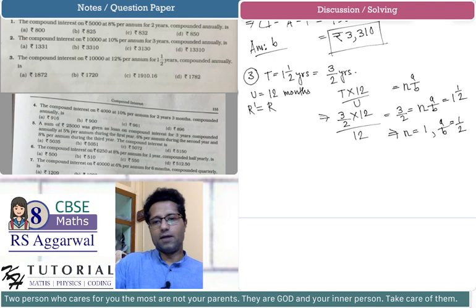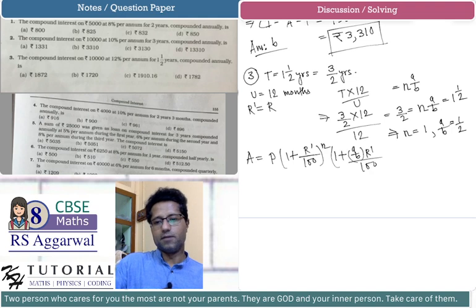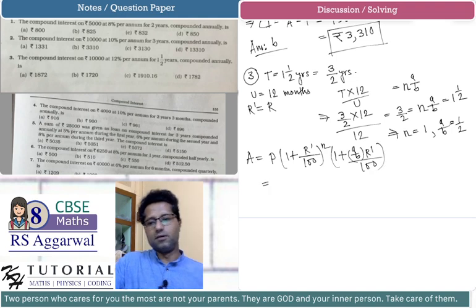So now we will apply the general formula. Amount is equal to principal multiplied by 1 plus r dash by 100, to the power n, multiplied by 1 plus the fraction a by b multiplied by r dash by 100. Now what is r dash?